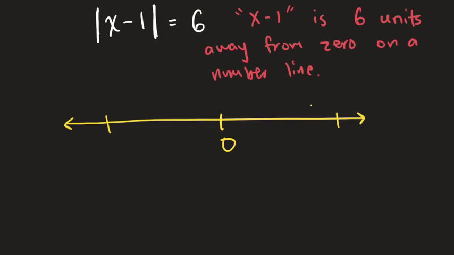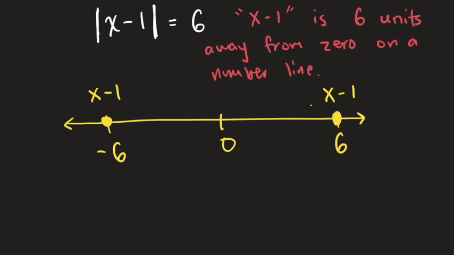Okay. Well, where can the expression x minus 1 be located then? Well, it could be located at positive 6, right? Or it could be 6 units away from 0 in the opposite direction, which ends up being negative 6.